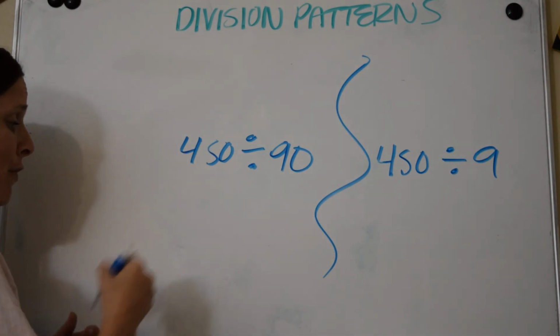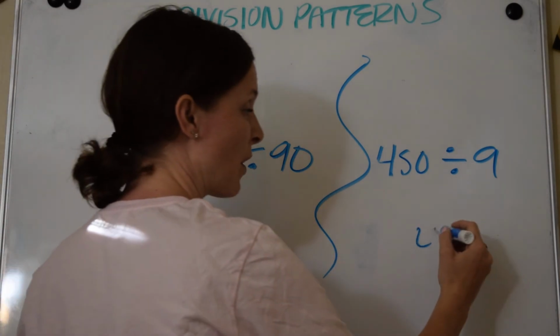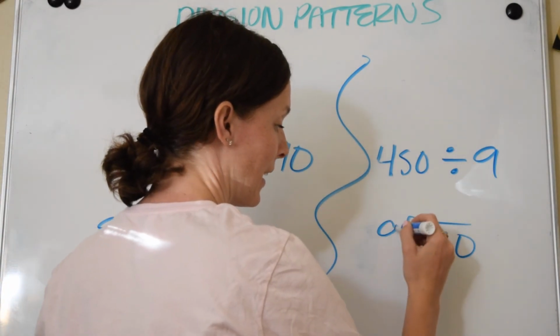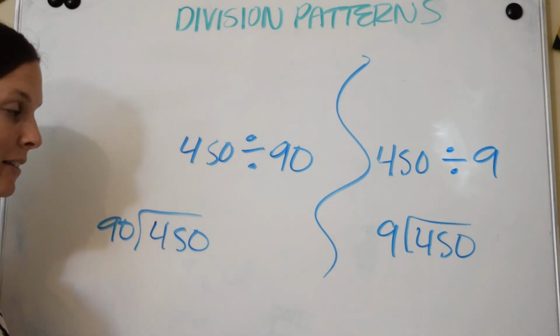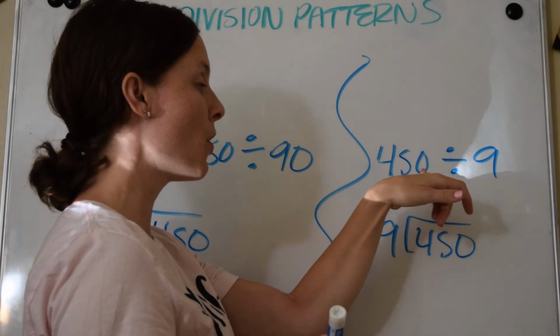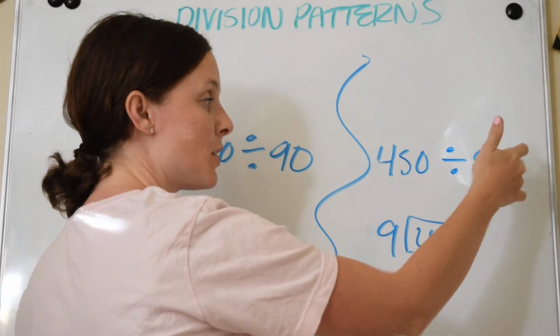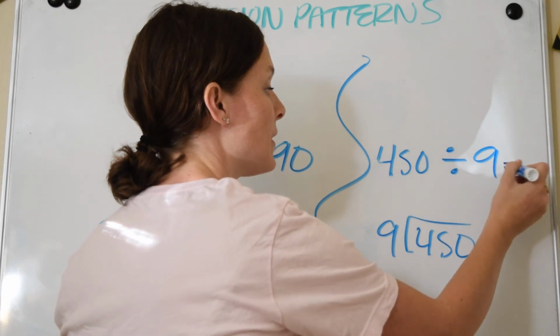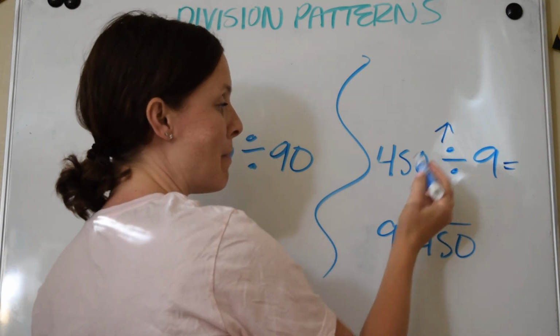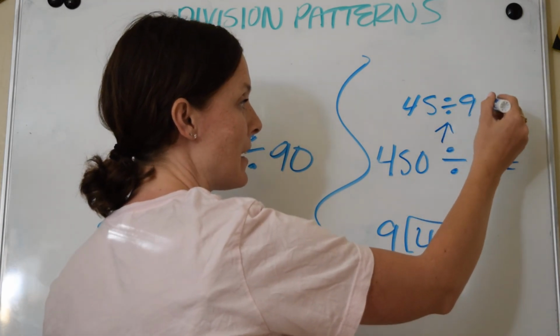This is 450 divided by 90, and this one is 450 divided by 9. But watch what happens, okay? So if you have only one 0 and it's in the dividend, right? If the divisor doesn't have a 0, all you need to do is go back and find the basic math fact by taking away the 0 and doing 45 divided by 9.